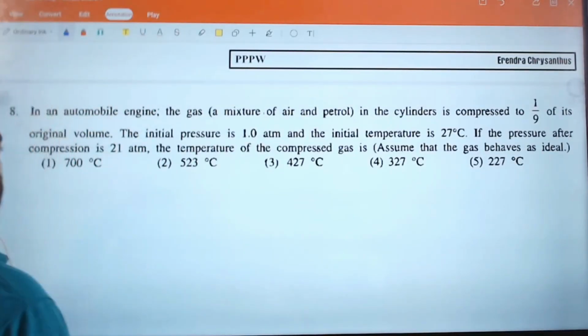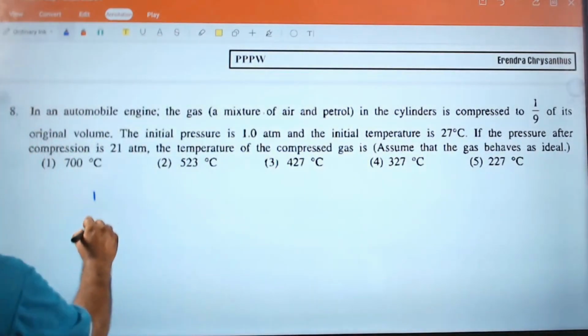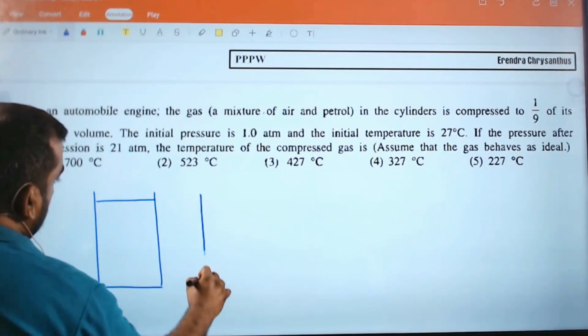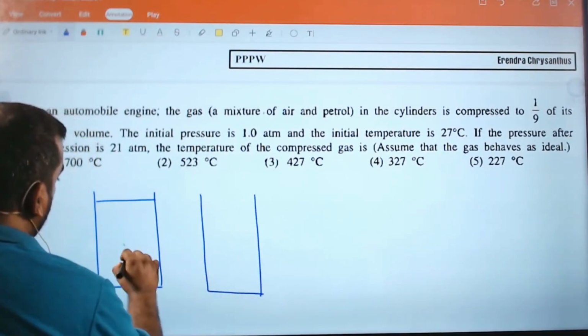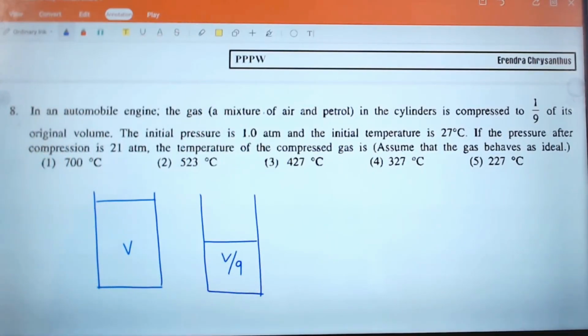Right. In an automobile engine, a mixture of air and petrol in the cylinders is compressed to 1/9 of its initial volume.